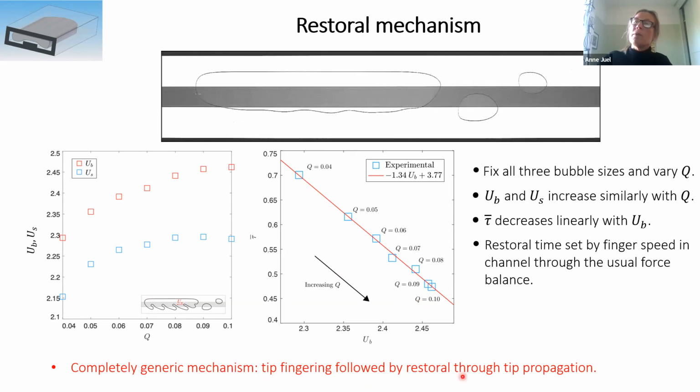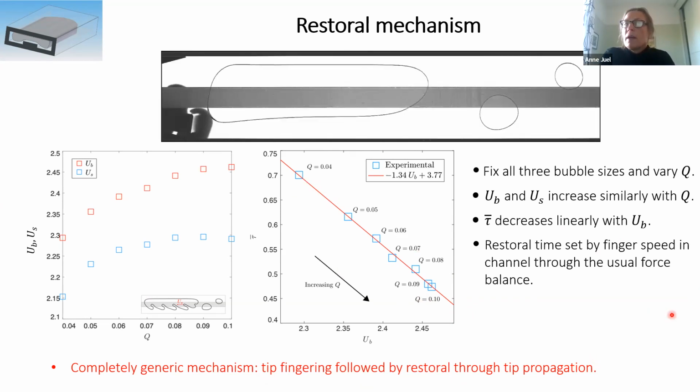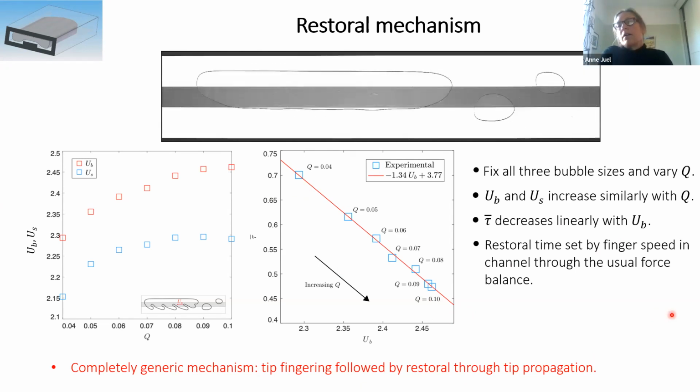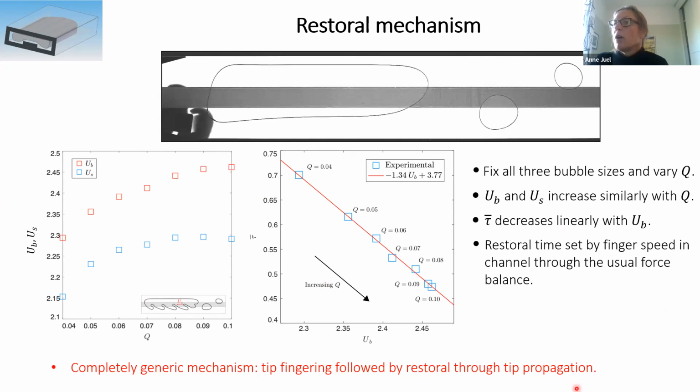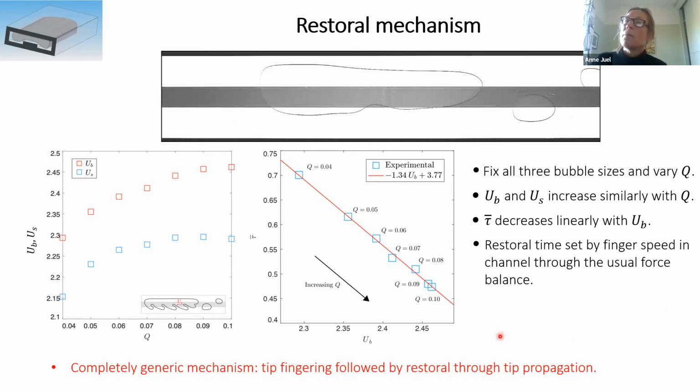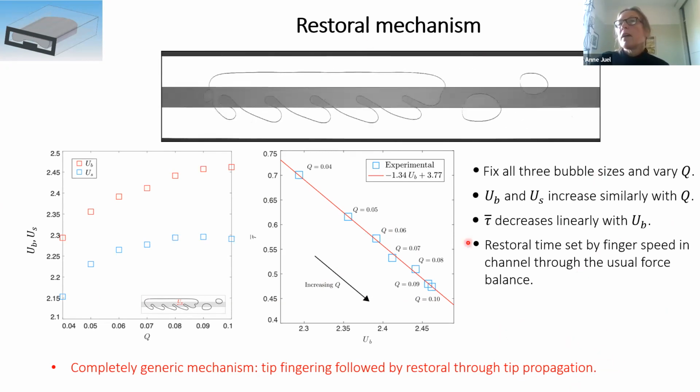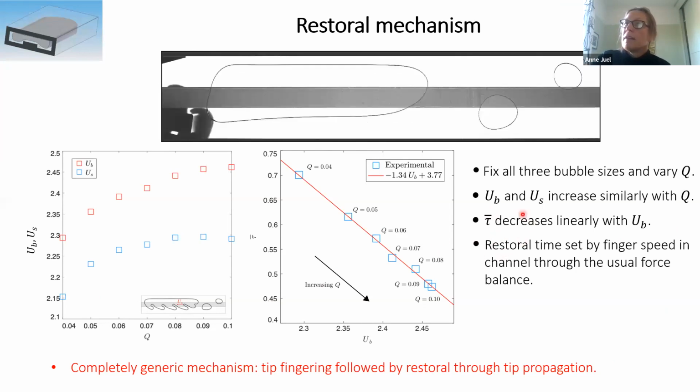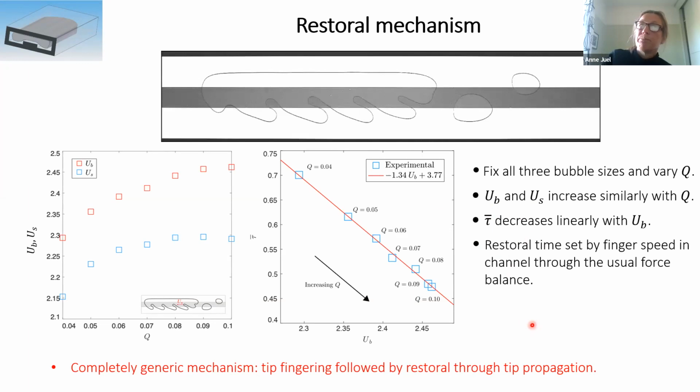So this is a completely generic mechanism that's present in all of these systems: the tip instability followed by restoral through just simple tip propagation. And that means that time dependence and unsteadiness in Saffman-Taylor is totally generic.